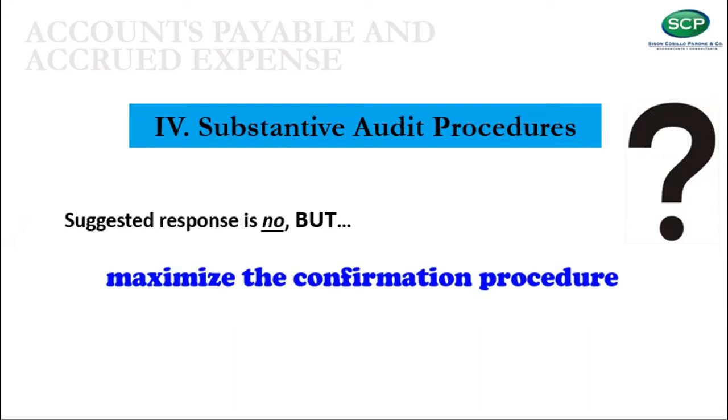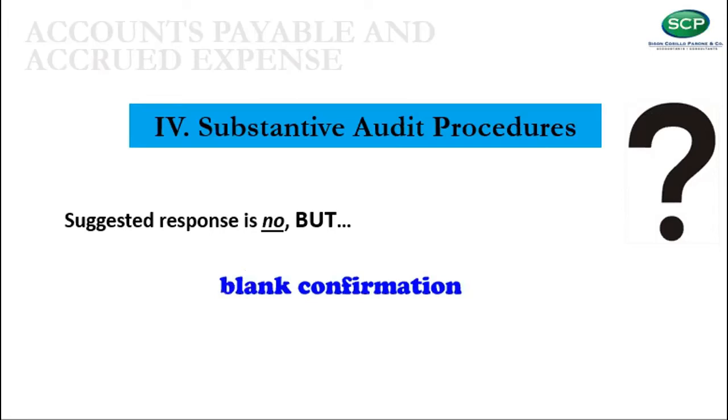In this regard, the confirmation request for accounts payable is typically prepared to be a blank confirmation, meaning the amount due to the vendors as at the cutoff date is left blank for the vendor to fill in. Yung vendor ang mag-fill up no, amount.